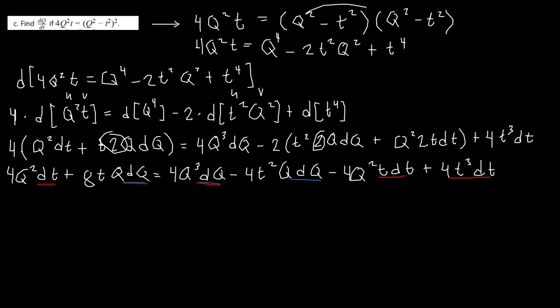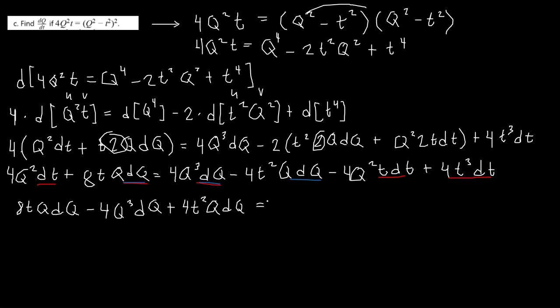Okay, so dq will be on the left side, shifted to the left side. So let's start with 8tq dq minus 4q cubed dq plus 4t squared q dq, okay, equals, now, because on the right side we're going to have dt.